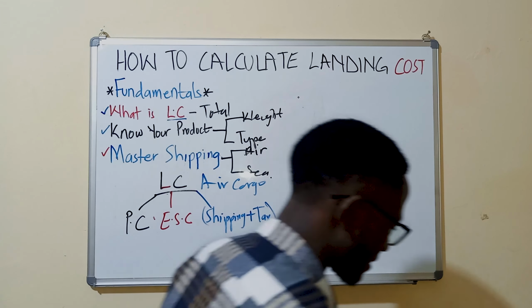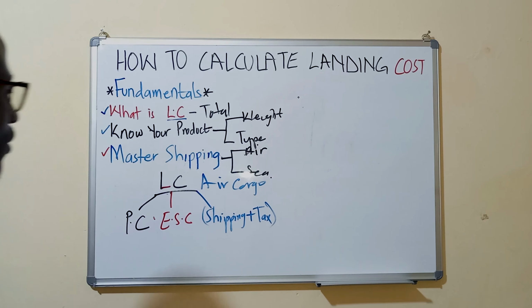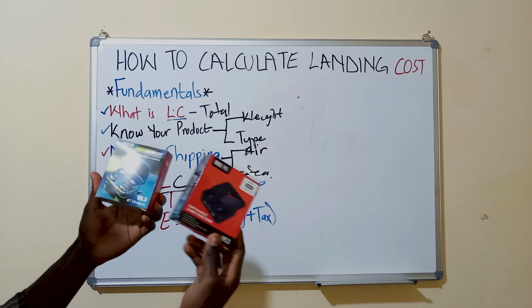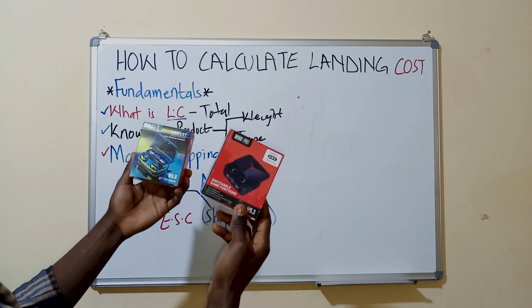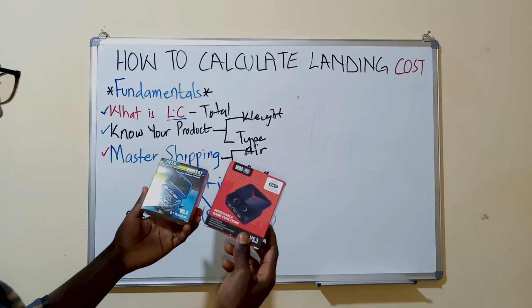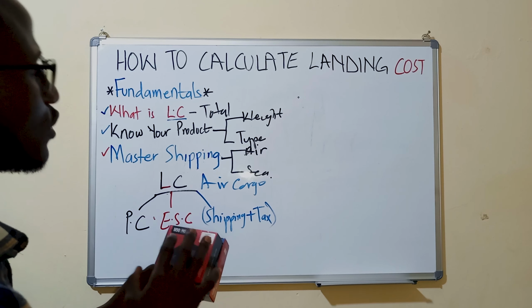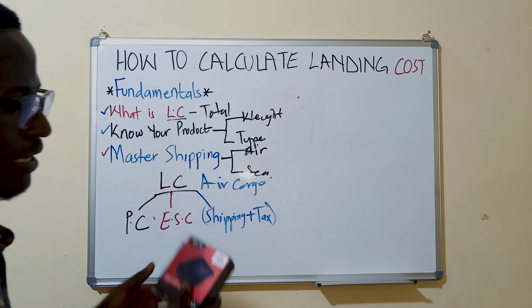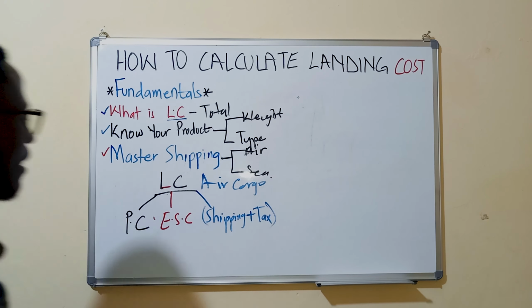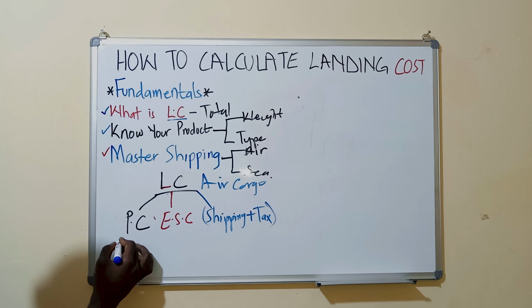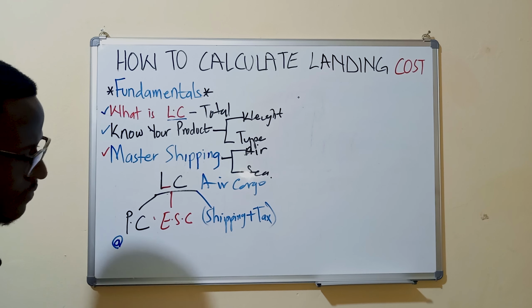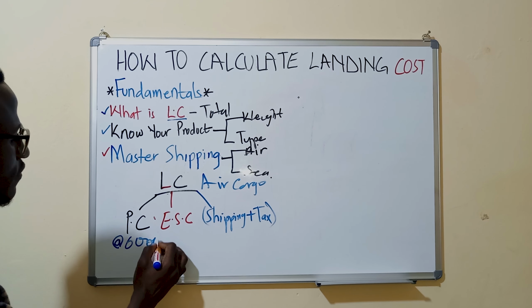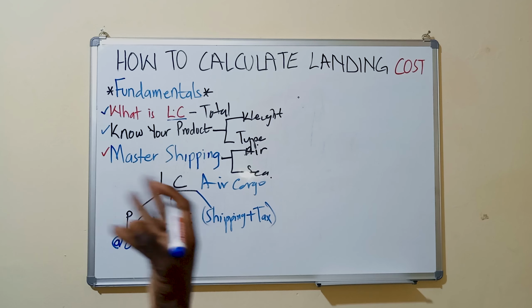Now, I want us to be practical. I have some products here. Let's assume you're going to buy a product like these small boxes of earbuds, just 2 pieces. But let's say you want to buy up to 100 pieces. Assume the supplier gives a cost price of 6,000 for each box.